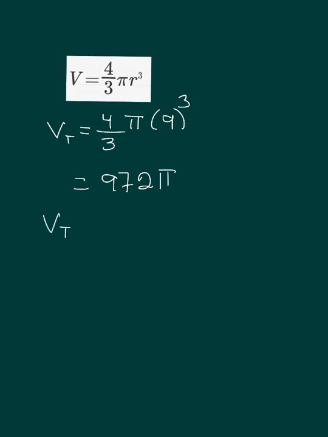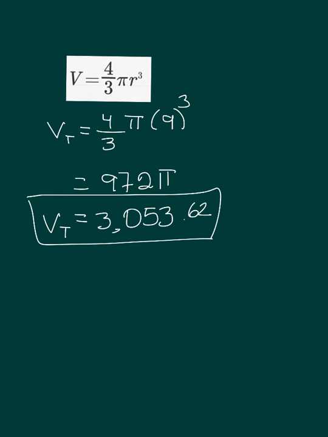So the total volume of the orange will be 972 times 3.14, which is a volume close to 3,063.62. That is the volume of the orange, or the complete grapefruit.